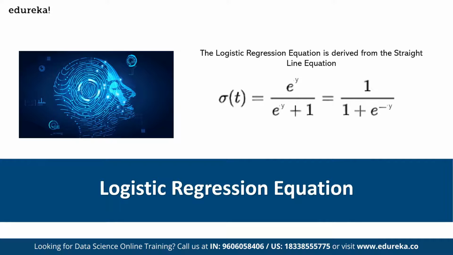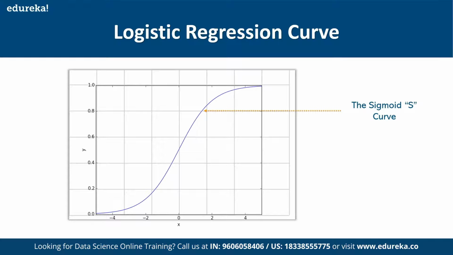Here e is a constant value of 2.718 or something like that, and y will be your independent variable, and this will be your outcome. So the sigmoid function looks like this. This is a distribution of the sigmoid function, and it will generate values as a probability for the classes.